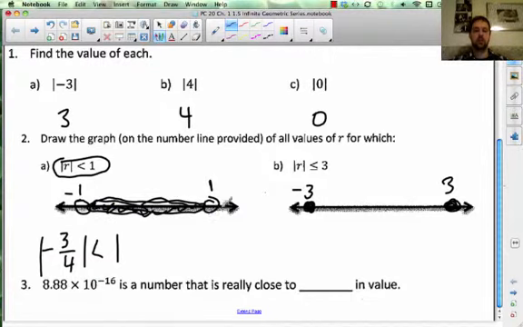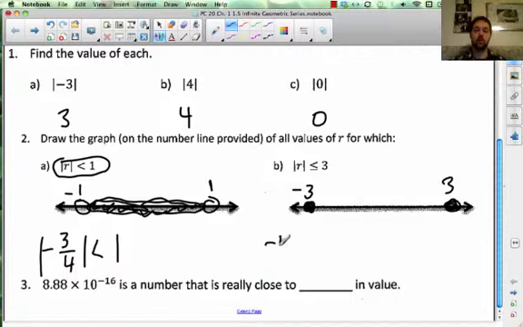Notice that we have open circles here because this is just less than, and it's not less than or equal to. When it's equal to, we shade in these circles, as you'll see in the next one. So the absolute value of r is less than or equal to 3. So r can be anywhere from -3, because if r is -3, then the absolute value of r is 3, and this is true.